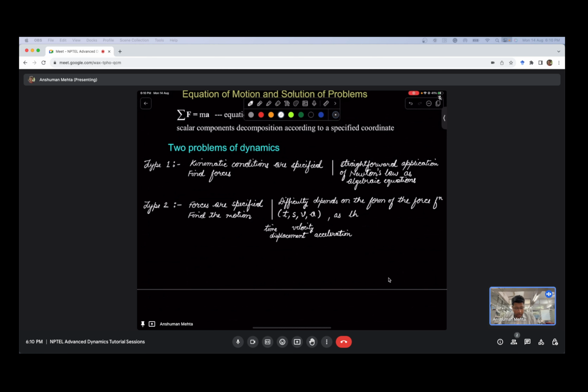And the solutions are found by solving a system of differential equations.